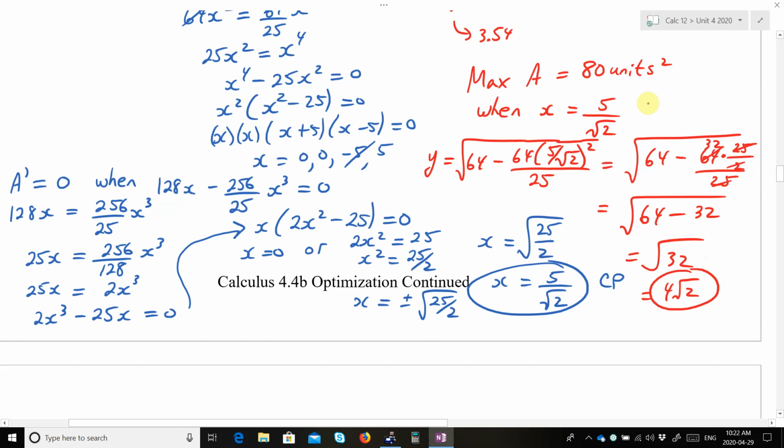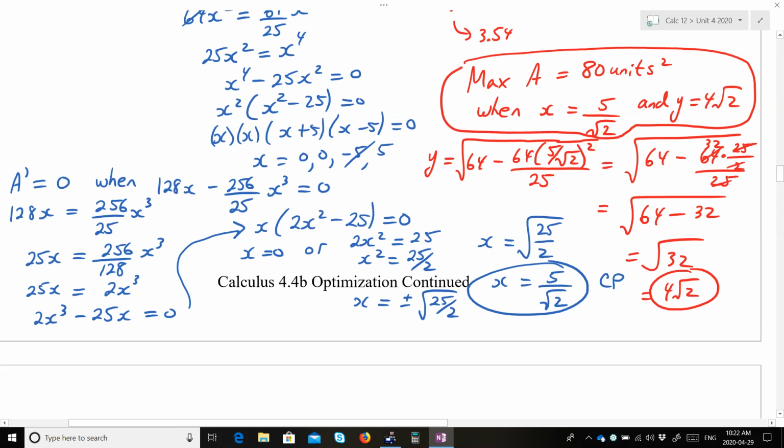Okay, so when x is 5 over root 2, y equals 4 root 2. Okay, so there's our final answer for that.